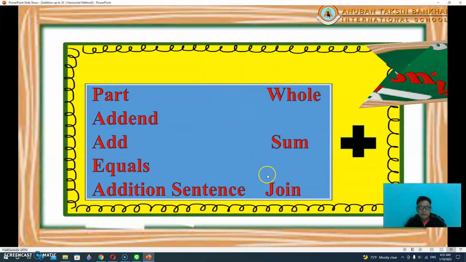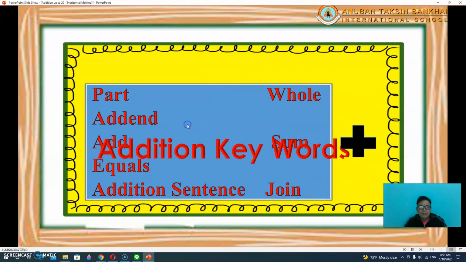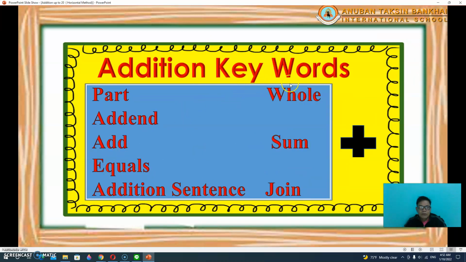We have addition keywords: part, add, equals, addition sentence, whole, sum, join.